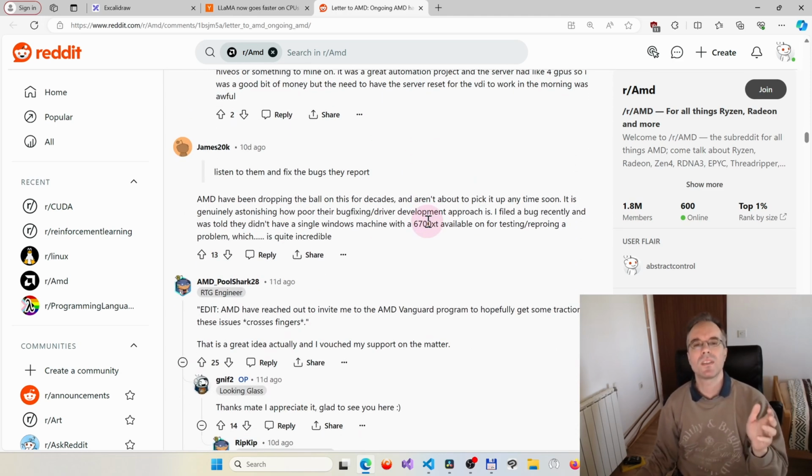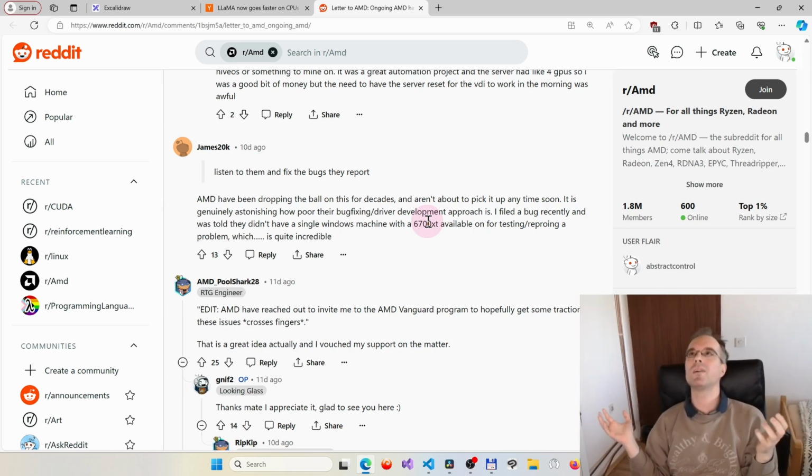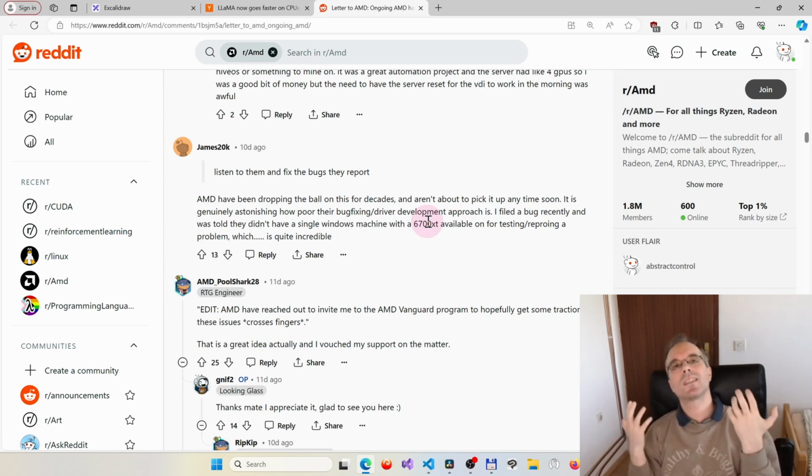And AMD software support has been poor for decades, even though they could have made a lot of money had they entered the AI race. For example, I think that AMD, even if it didn't believe in AI, because who knows, maybe it's a bubble, maybe it wouldn't have gone anywhere. But that's really no excuse for having poor software support and poor drivers, in my opinion.